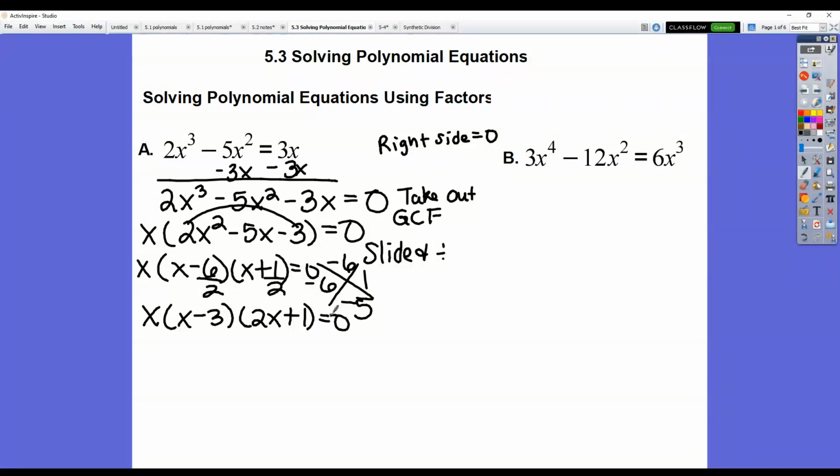Now solve for x. So x equals 0 is a factor.